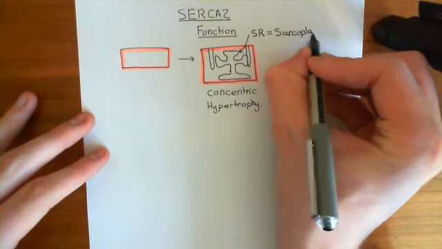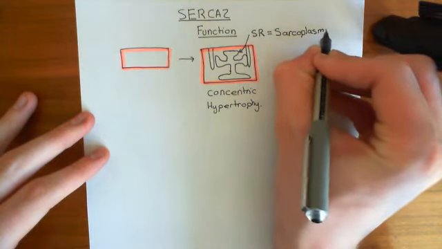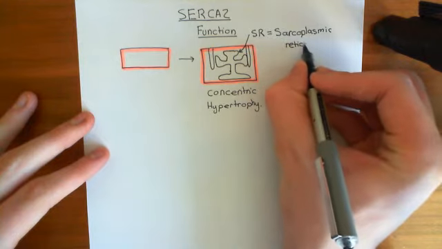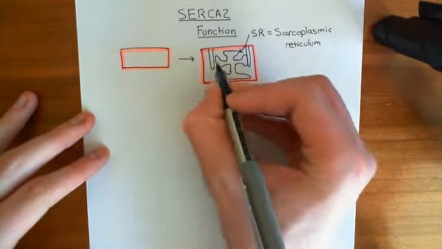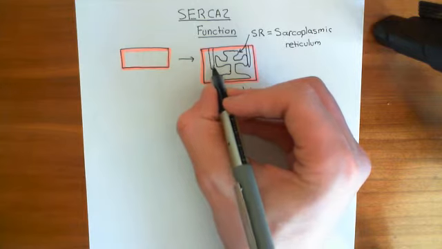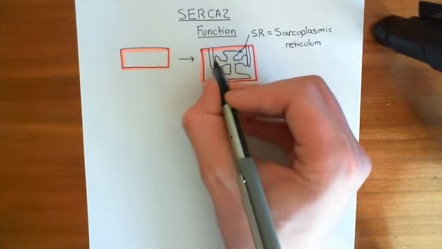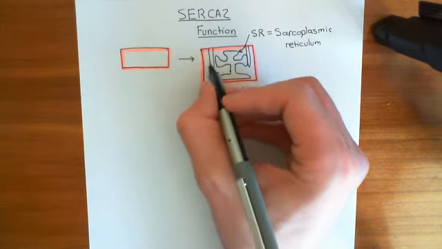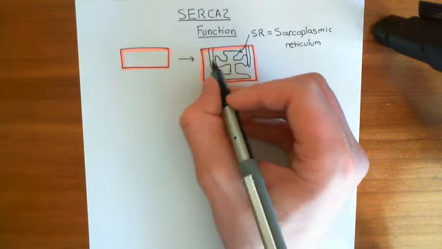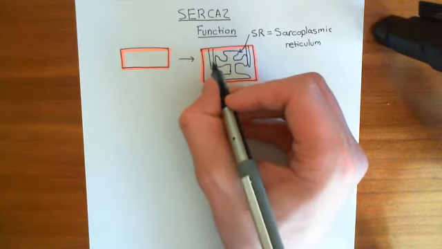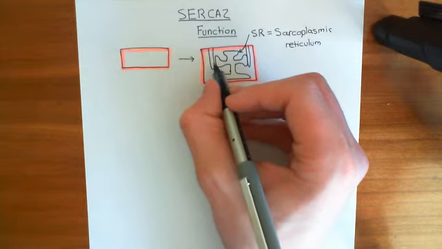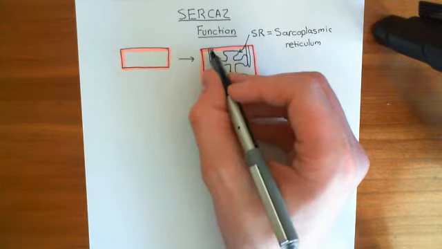Now, when this cardiomyocyte undergoes an action potential, what will happen is at all of these calcium synapses, as they're called, these interfaces between the plasma membrane and the membrane of the sarcoplasmic reticulum, when the plasma membrane undergoes an action potential, it will allow calcium to come into the cardiomyocyte, into the cytoplasm from the extracellular space.